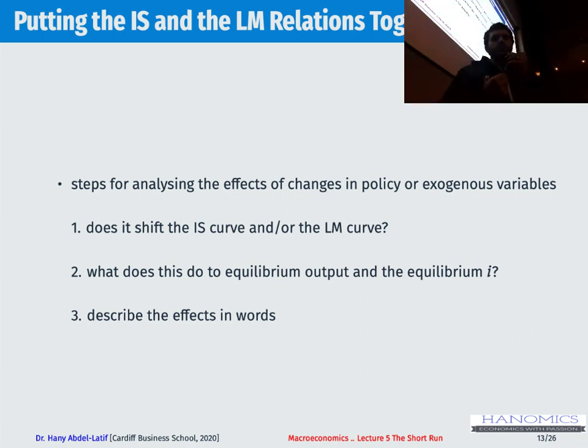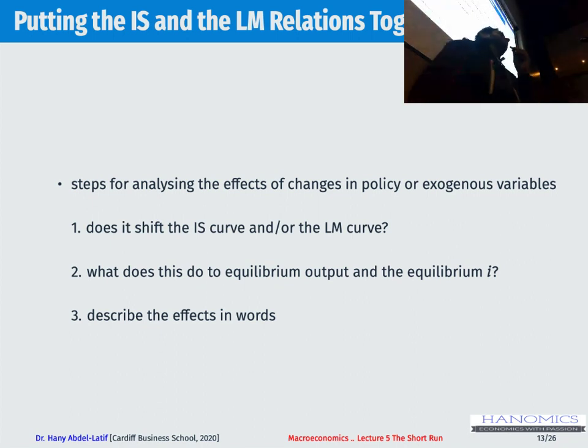First, ask yourself, does the policy change affect IS or LM? Think about whether it's going to happen in the goods market or in the financial market. Then think about what this means for equilibrium output and interest rates. Then describe the effect in words.